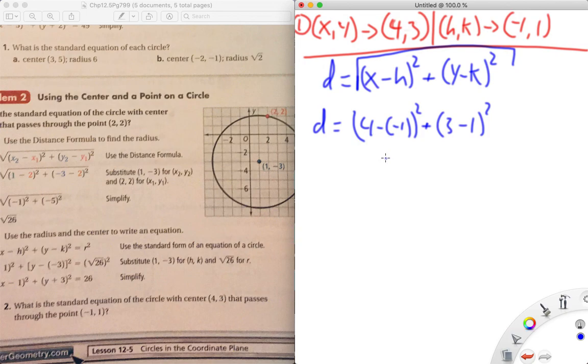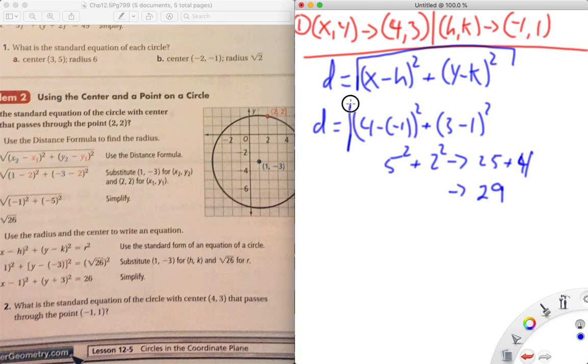So that's going to be 4 plus 1, which is 5 squared, plus 3 minus 1, which is 2 squared, which is 25 plus 4, which equals 29.